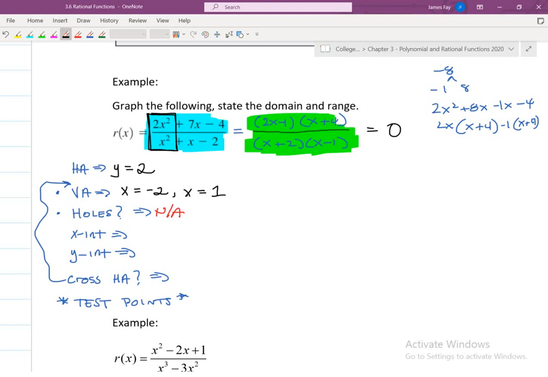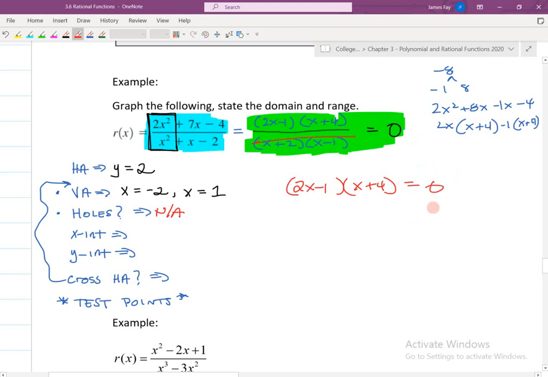What would you do first? You're going to multiply by this denominator, right? I'm going to multiply both sides by x plus 2 times x minus 1. That's going to cancel on the left-hand side. And what do I get when I multiply that by 0? I get 0, right?